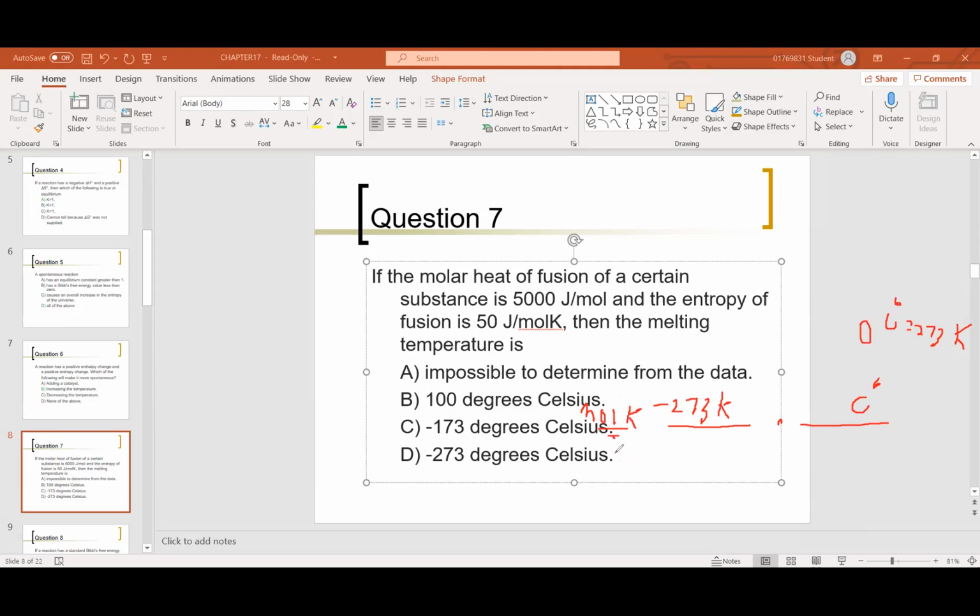Okay, all right. I complicated this, but what we should probably be doing is 5,000 divided by 50, minus 273, which is negative 173 degrees Celsius.